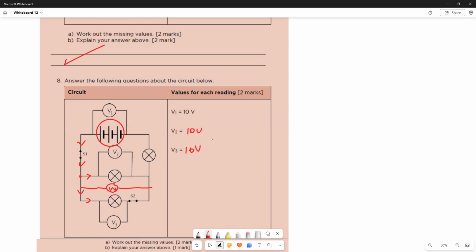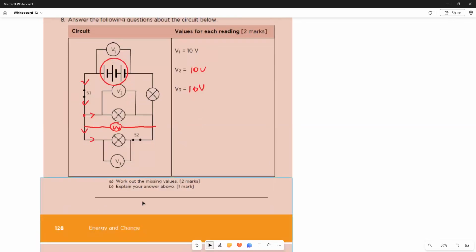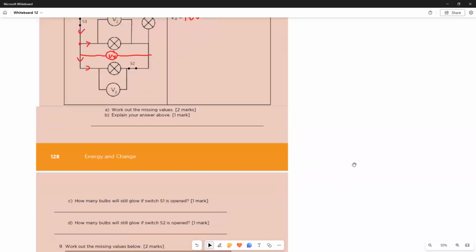Perfect. So you think of it as one thing, basically. Don't think of it as 2 different things. Okay. Perfect. They say explain your answer above. You're going to say the light bulbs are connected in parallel, which means they share the same voltage. The voltage is exactly the same, which is going to be the same as the voltmeter reading 1 of the power source. Okay, perfect.